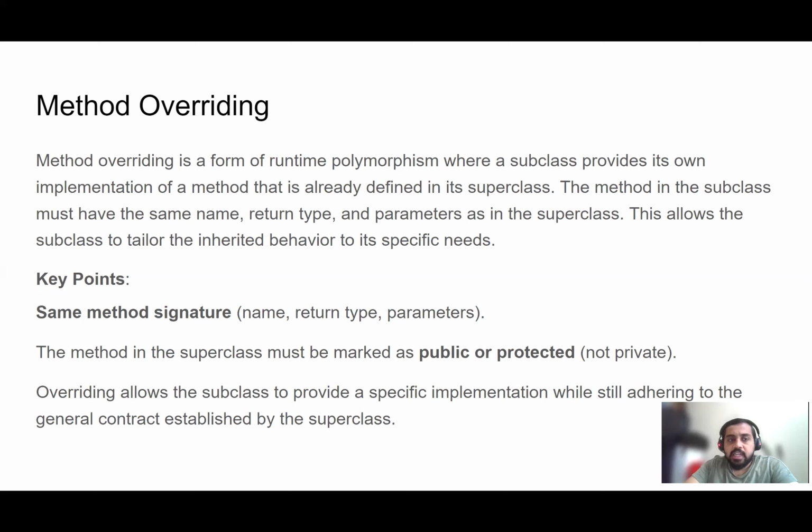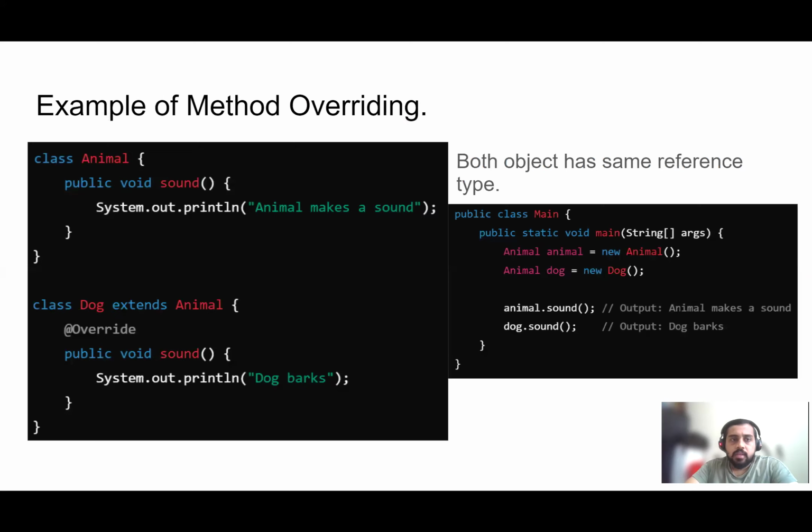The method we write in a subclass should be similar to the method present in the parent class. All the same name, return type, and parameters should be the same. And also the parent class method should be public or protected. Then only we can override that, or change the implementation in this child class.